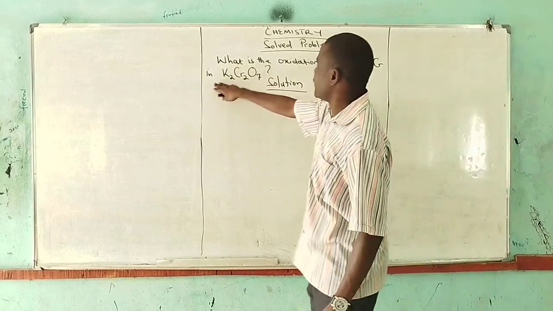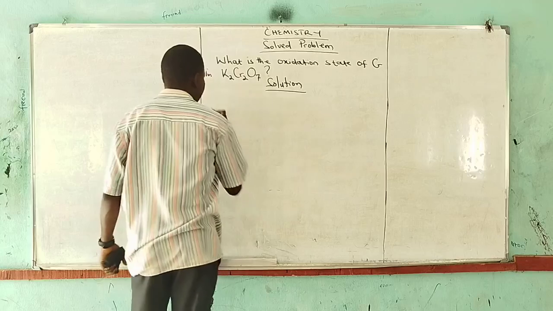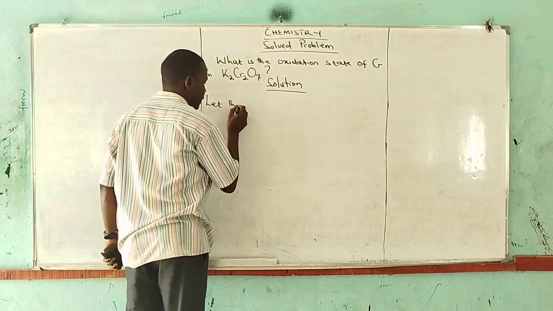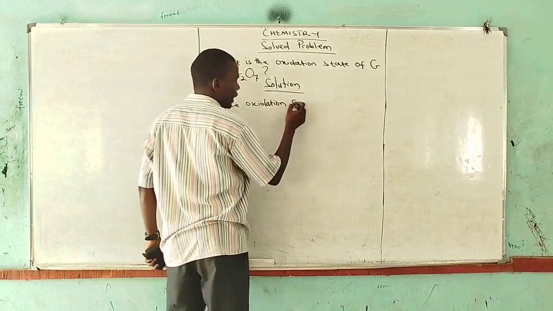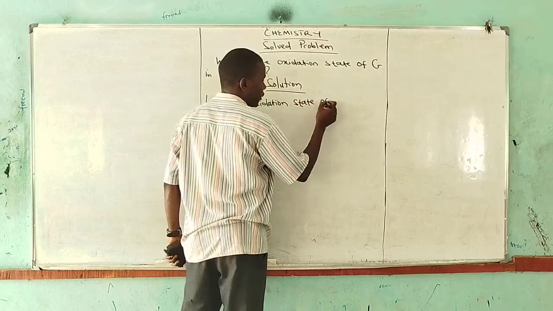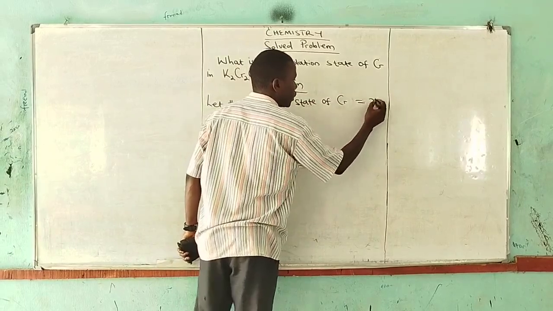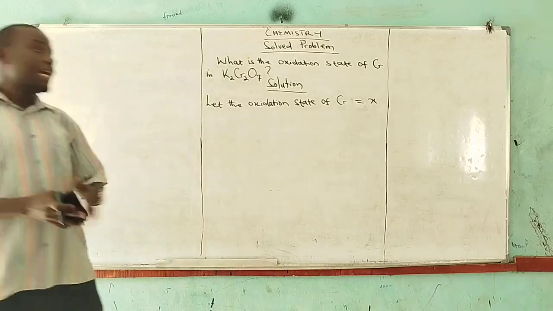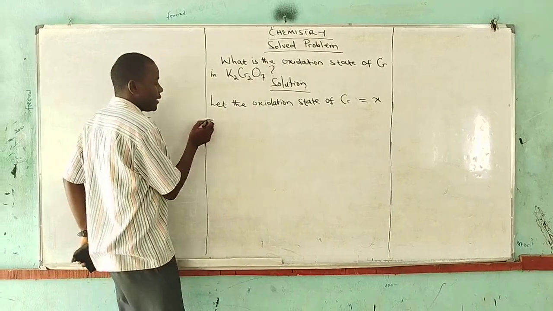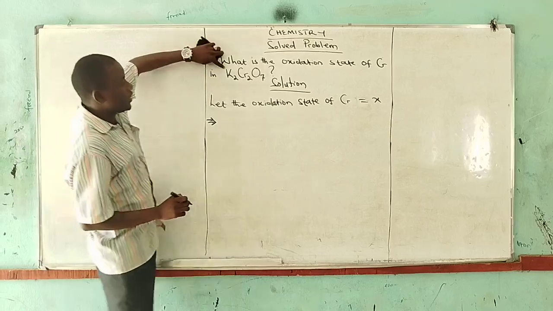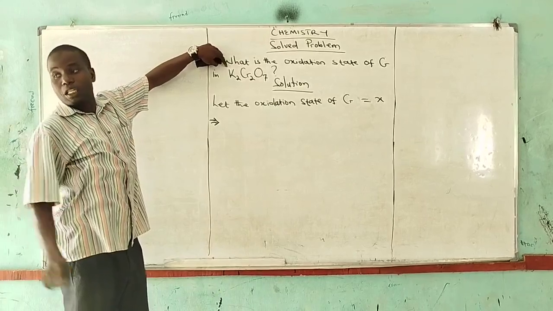So let's proceed. What is the oxidation state of chromium in potassium heptaoxodichromate? Let's begin by saying let the oxidation state of chromium be equal to X. Potassium is an alkali metal in group 1.